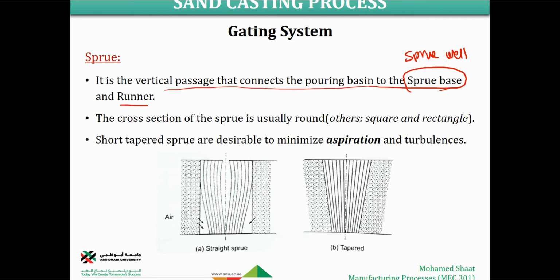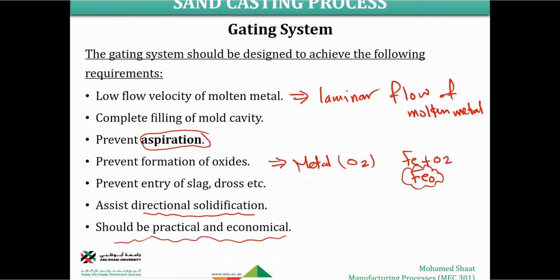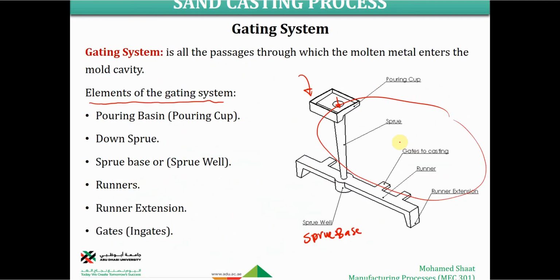What is the runner? The runner is a passage for the molten metal, but perpendicular to the down sprue. We're already pouring vertically, then we switch the direction of the flow of the molten metal to be horizontal, right? In the gating system, we pour vertically through the down sprue, then the direction of the molten metal changes to horizontal in this way.